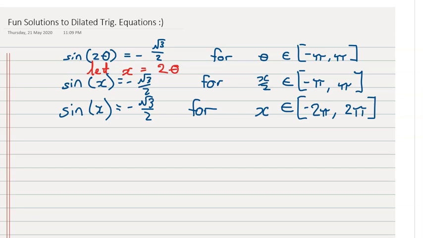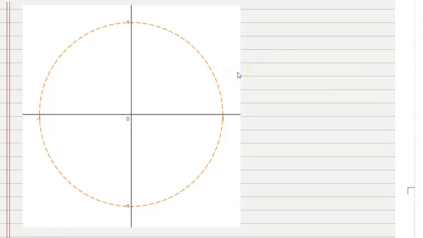Now the second nuance that we're seeing in this case is, notice that we've got a negative sign here. In the previous ones we were dealing with positive, but now we've got a negative. It might look like this will throw a spanner in the works, but it actually doesn't do much at all. So consider our unit circle, and we're going to use the unit circle to define the behavior of sine. So we'll say f of x equals sine of x.